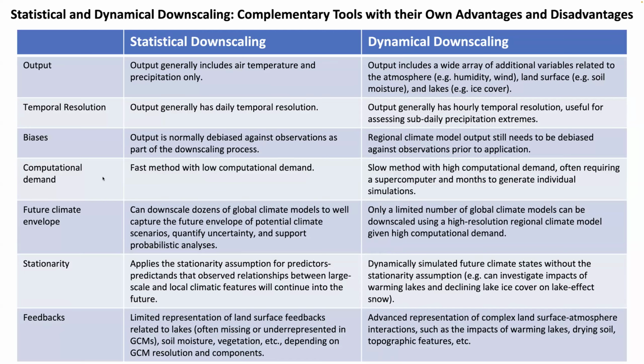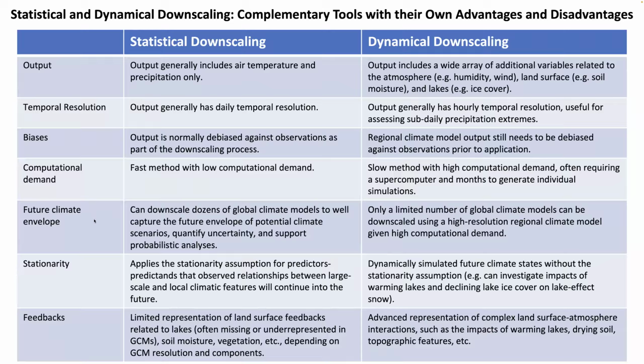One of the strengths of statistical downscaling is computational demand. It's very fast. It's low computational demand, especially as computers have sped up. Dynamical downscaling is expensive. It's a slower method, high computational demand. You often need a supercomputer, and it can take a long time to generate individual simulations.